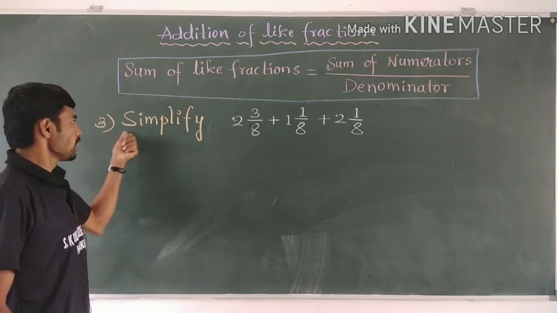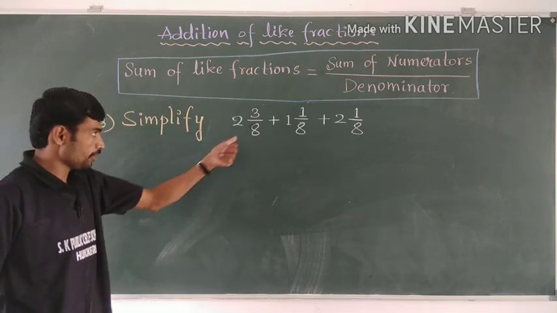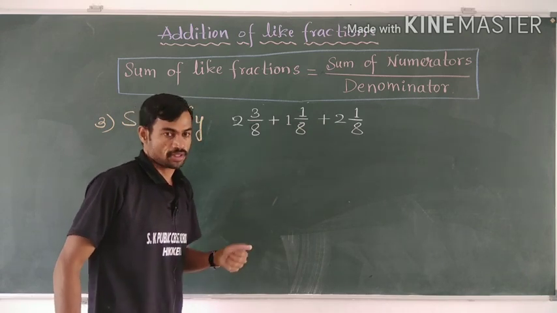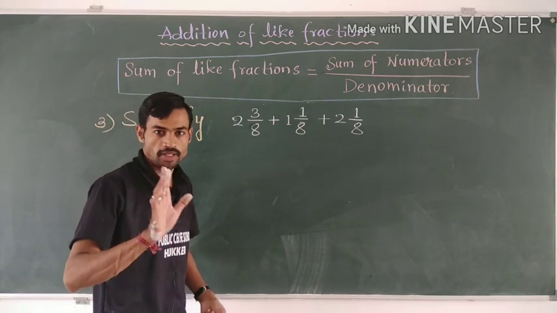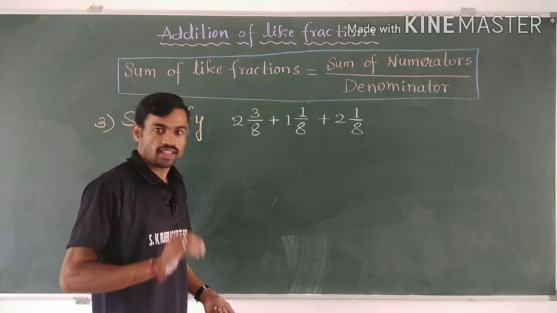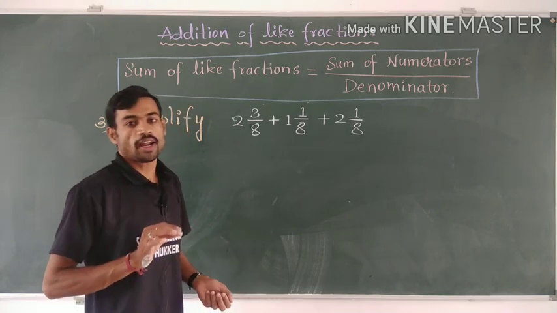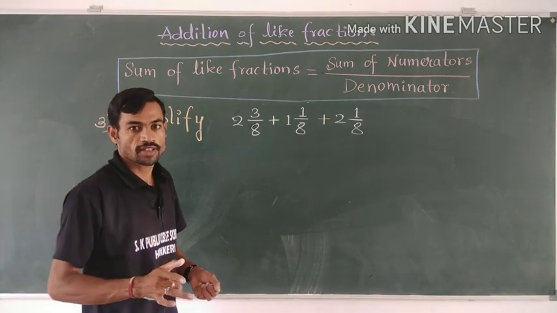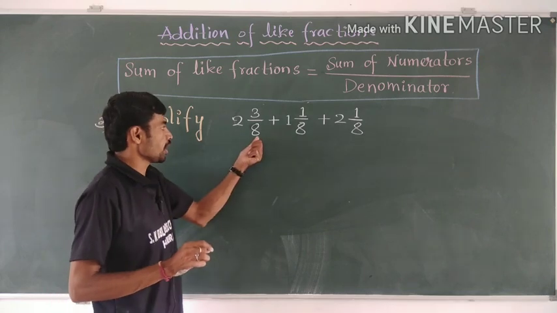Here it says simplify. It means we have to check first what operation is given. Here plus, here plus. It means addition of fractions. And we have to see whether the given fractions are like or unlike.